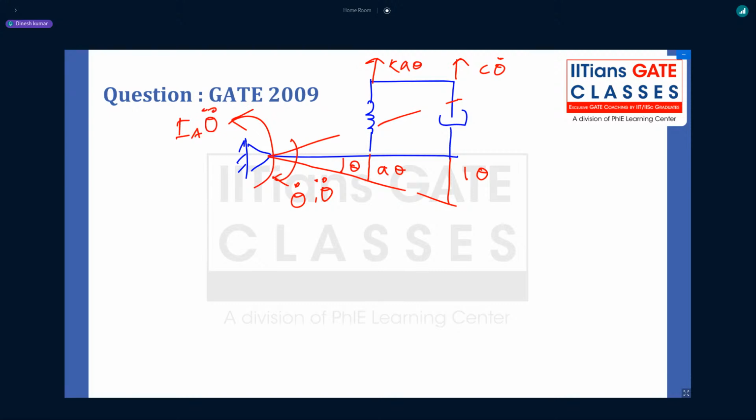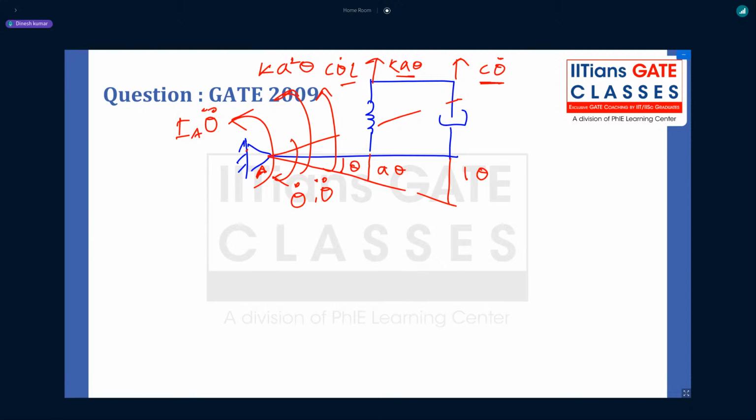Now for the equation of motion, this spring force about the pivot point A will give a moment, which will be K a squared theta. In the same way, the damping force about pivot point A will give another moment, which will be C theta dot into this length L, the perpendicular length to that force.